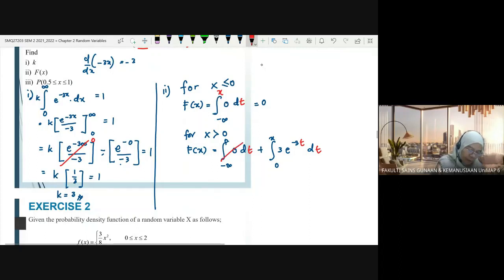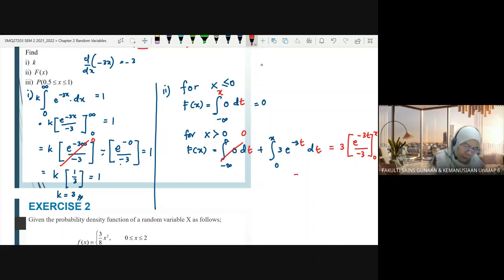And this one definitely will give you 0. And this one will give you 3e^(-3t) over negative 3, from 0 until x.